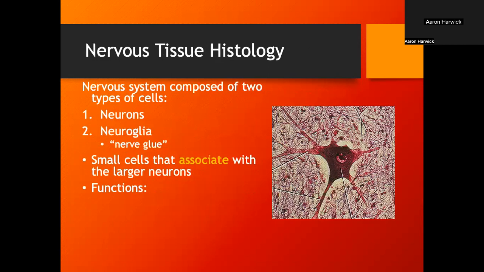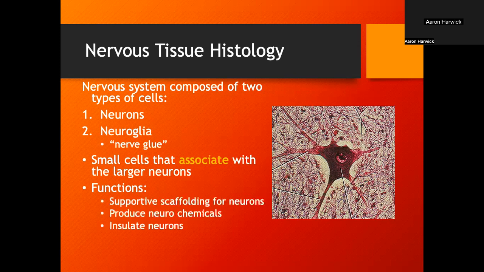The nervous system is basically composed of two main types of cells. We have neurons that make up all the main nerve cells, and then the neuroglia, which are basically nerve glue. The neuroglia are small cells that are associated with larger neurons, and their functions are supportive in nature. They support scaffolding for the neurons.